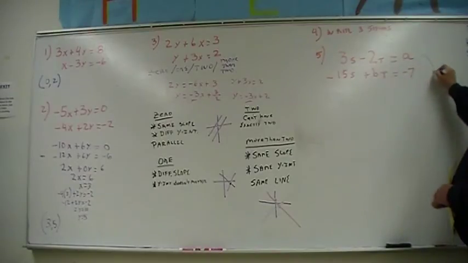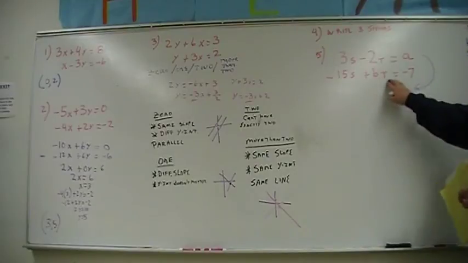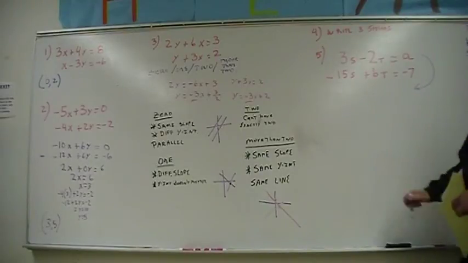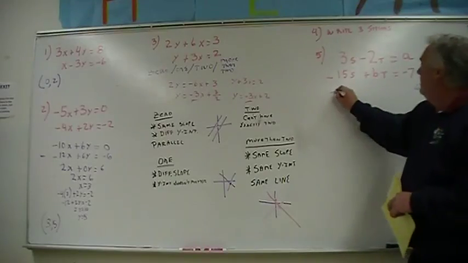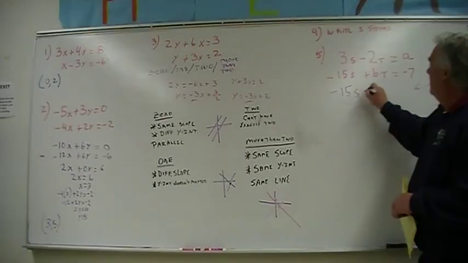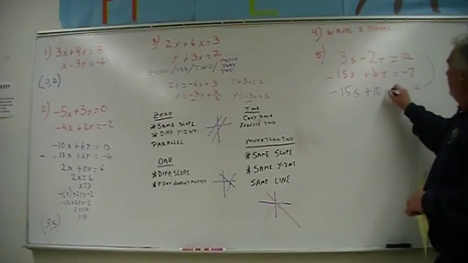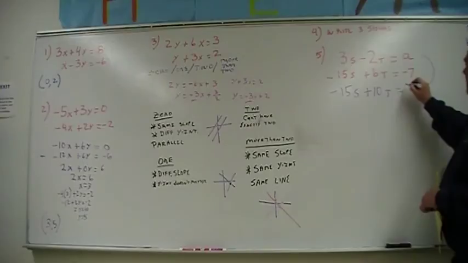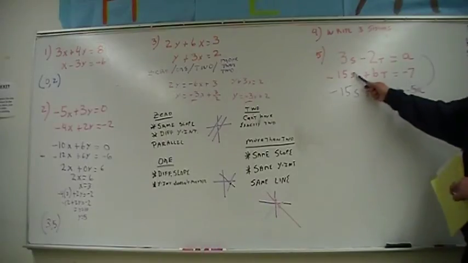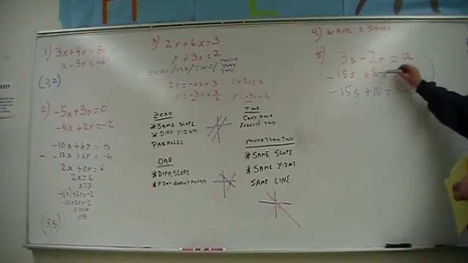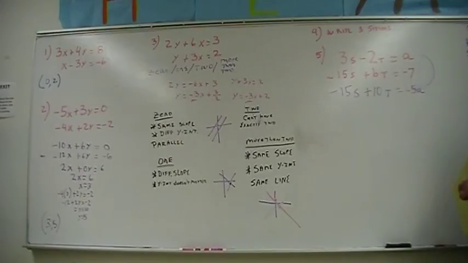So what we do is make this look like this. We have to multiply this equation by negative 5. Now this is going to be the same, this is going to be the same, and this is going to be the same. So we know that they're infinite solutions.